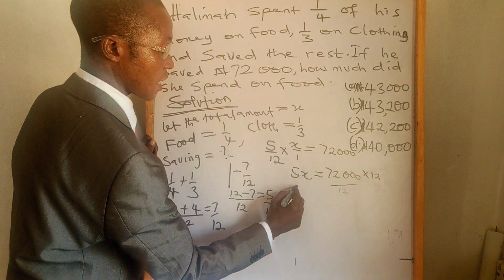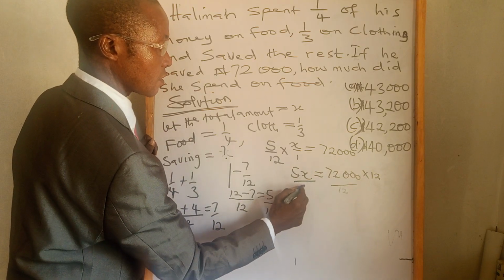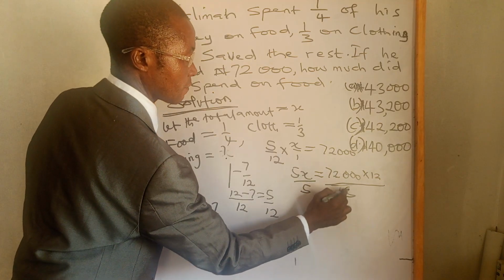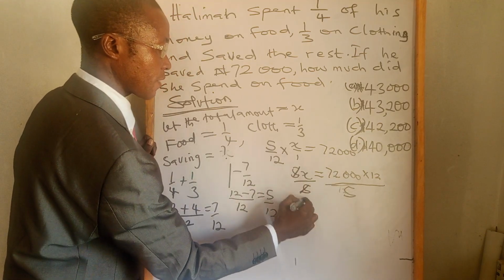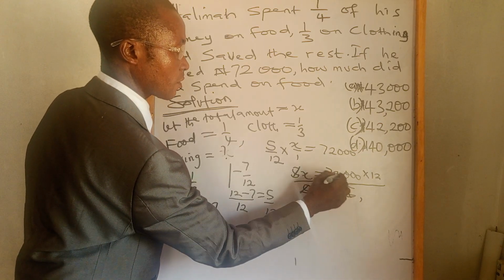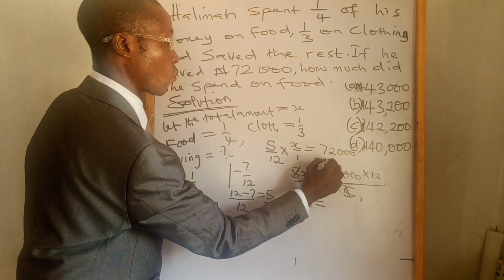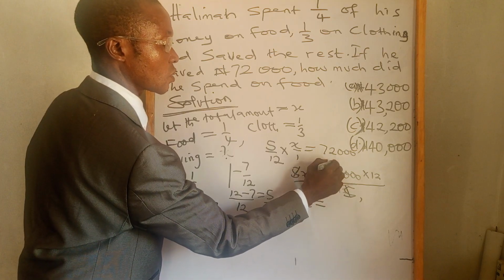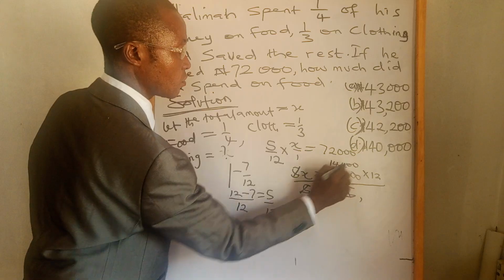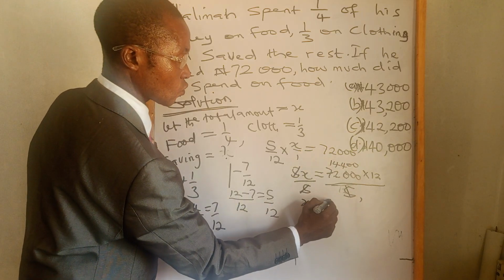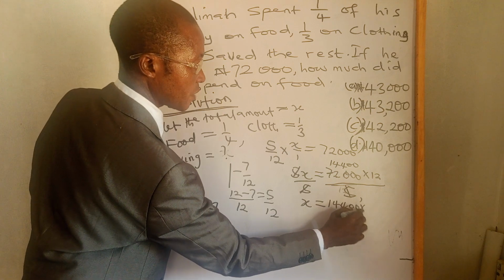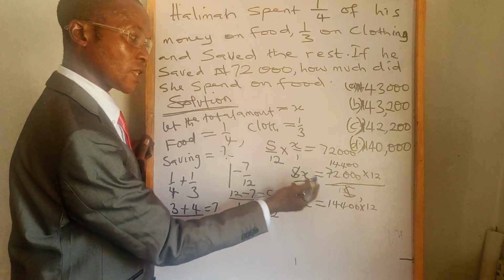Then you divide both sides by 5. 5 here, 1, 5 here, 1. We have our x. 5 in 22 is 4, remainder 2; 5 in 20 is 4 again. We put the double 0 there. The x will be equal to 14,400 multiplied by 12.